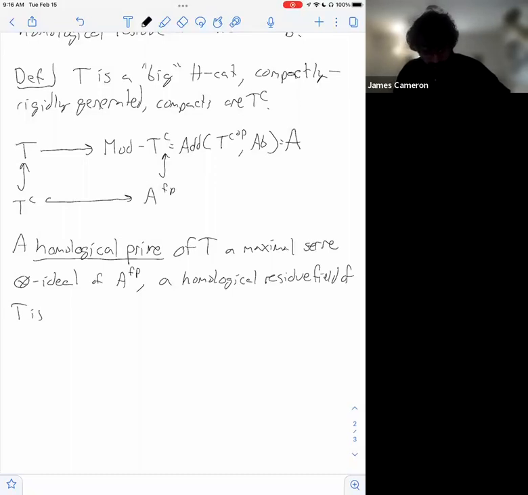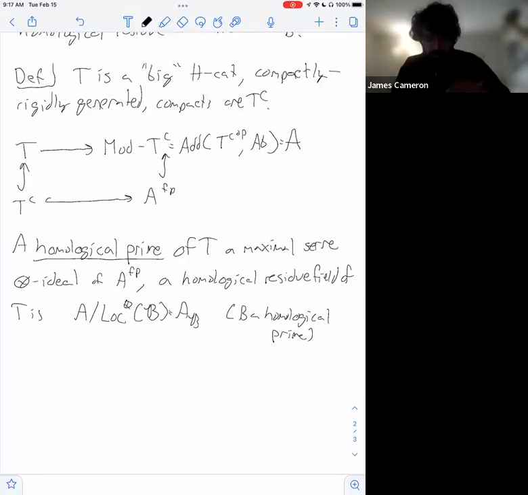Let me give a name for this: T maps to A, modded out by the localizing tensor ideal generated by any homological prime B, where B is a homological prime. Our notation for this will be A_B.